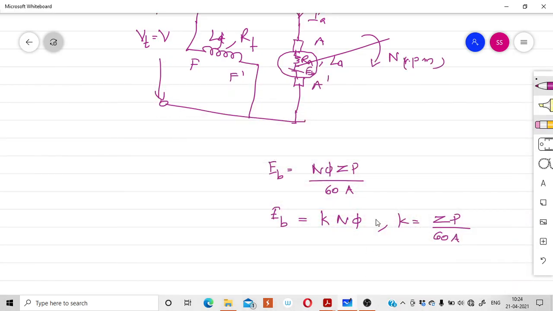And EB is also equal to V minus IA into RA, if you apply the KVL.